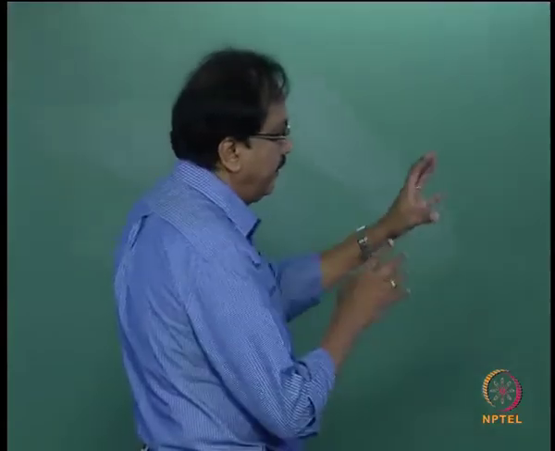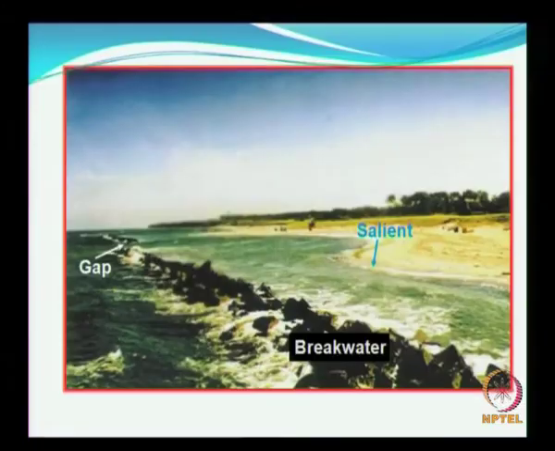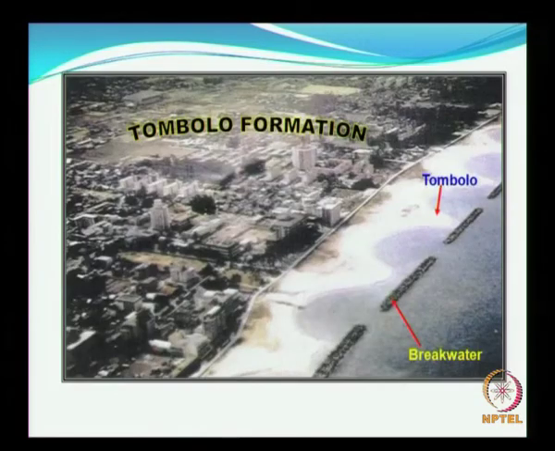So here is yet another view of the same thing. You see the salient, the breakwater and the gap. This is somewhere in Tokyo, an aerial view taken from some conference announcement, I guess, just to show the students how a Tombolo formation can look.